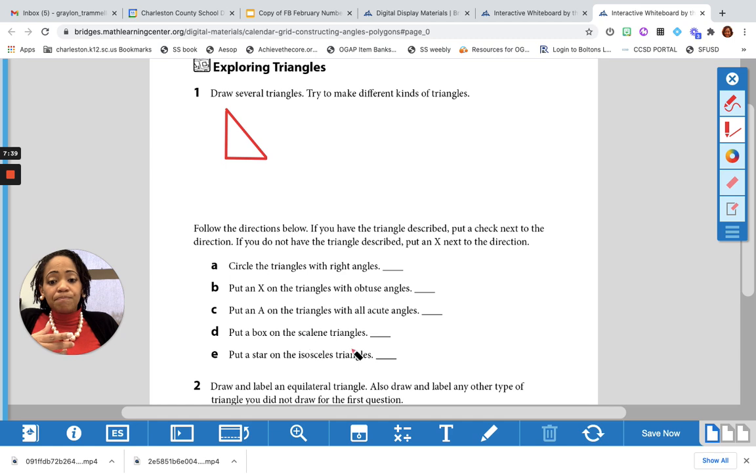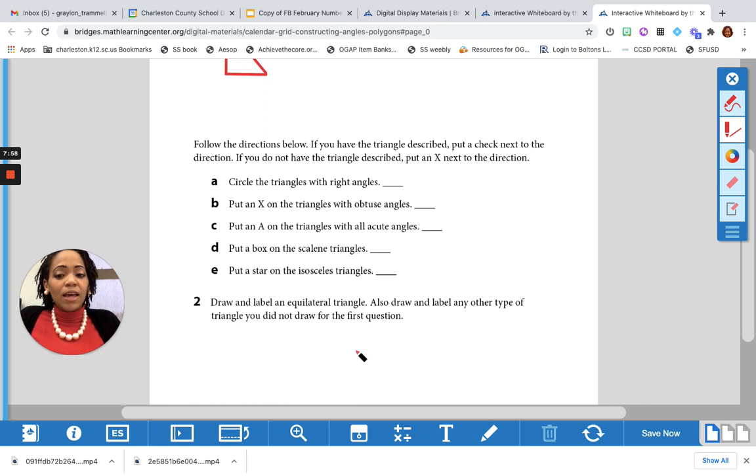If you don't remember, a scalene triangle has no equal sides. An isosceles triangle has only 2 equal sides. Maybe you could even draw an equilateral triangle, especially if you have a ruler at home. You can measure it out just to be very, very sure. Oh, look! Miss Trammell got ahead of herself. That's what it says for number 2. That means all side lengths are the same.